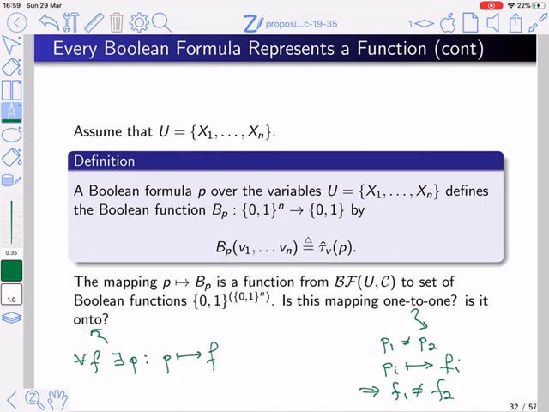Now, I want to emphasize, when I write equality of formulas, I mean that the two formulas are the same. They have the same parse tree. I'm not referring here by equality to logical equivalence. Logical equivalence is a different thing. Equality here means same parse trees. So if they're not equal, that means they have different parse trees.